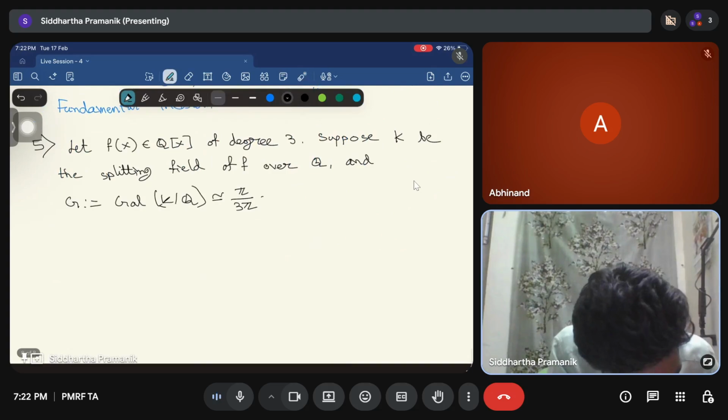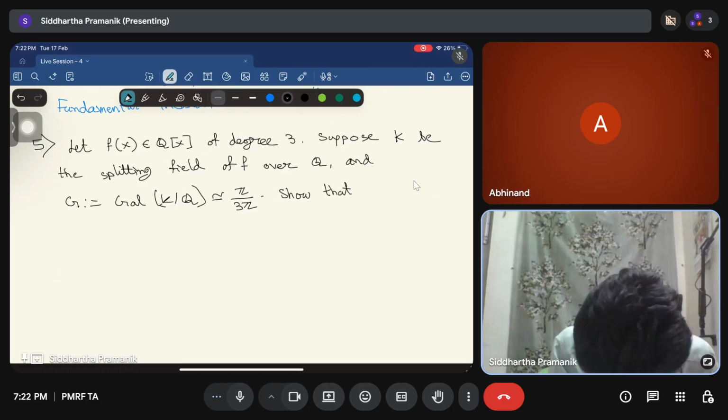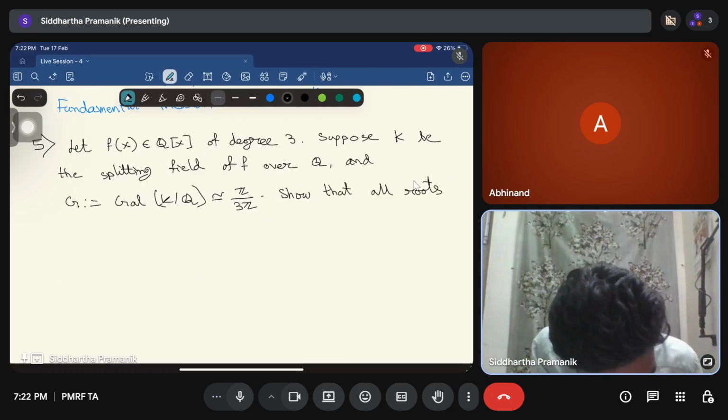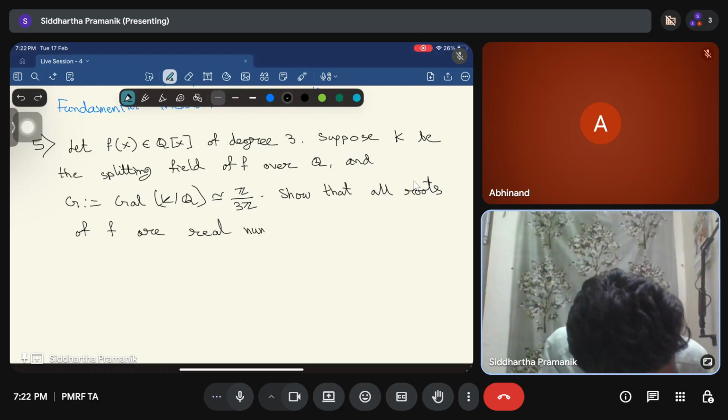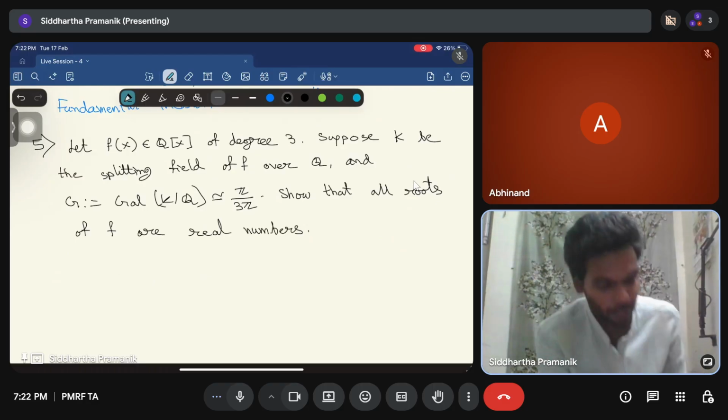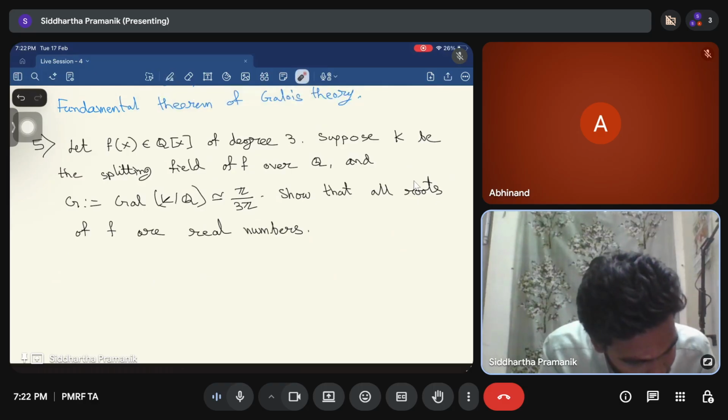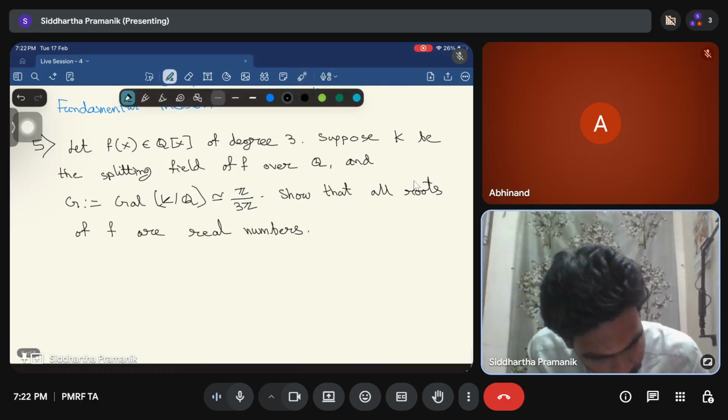Then show that all roots of f are real numbers.